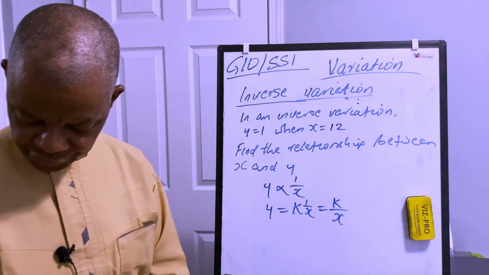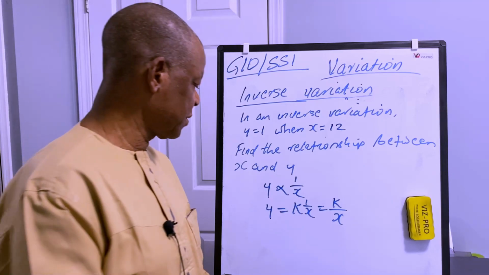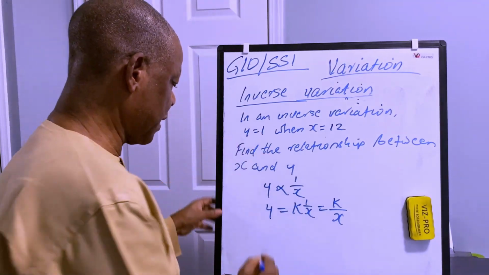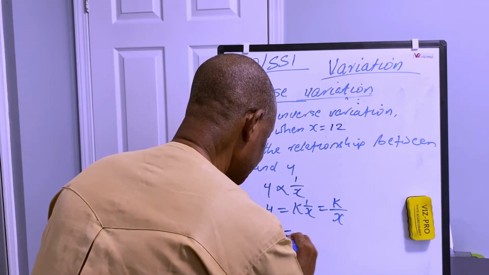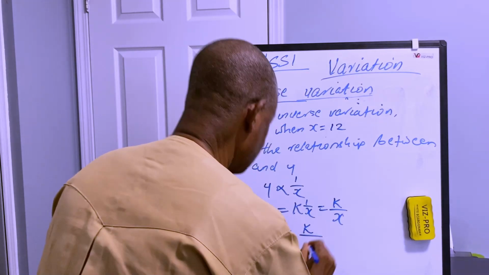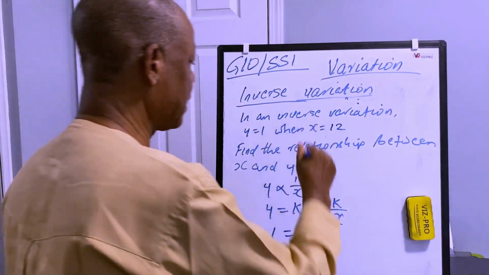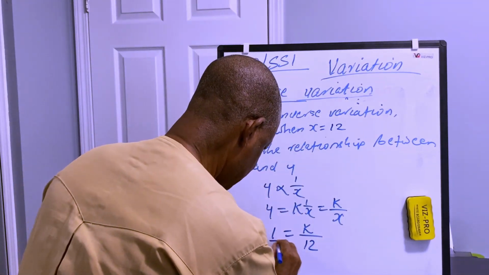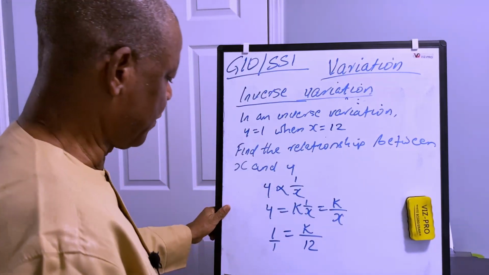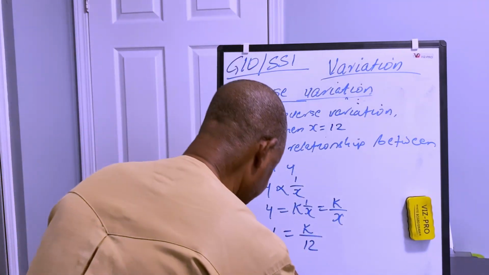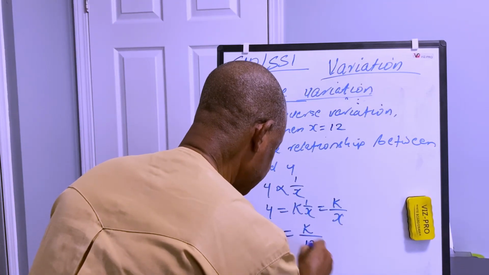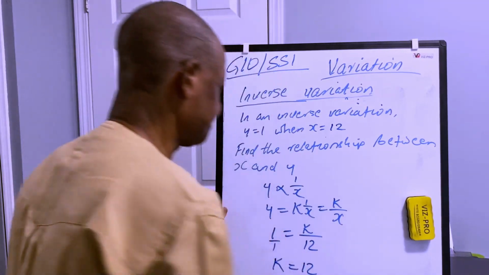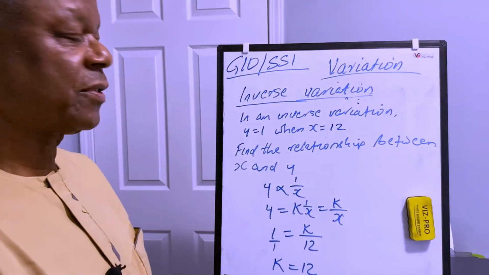We now substitute the values we have in the question. Here we are told that y is 1. This is k. We're expected to find k first, while x is 12. In principle, it's over 1. When we cross multiply, 1 times k will give us k, and 1 times 12 will give us 12. So the constant is 12.